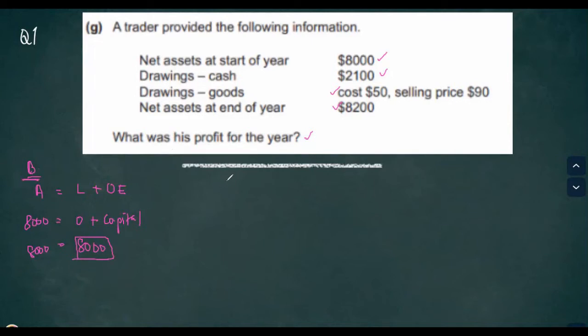How do we do this? Net asset at the end of the year is given. So beginning capital plus profit for the year minus drawings, you should have ending capital, right?